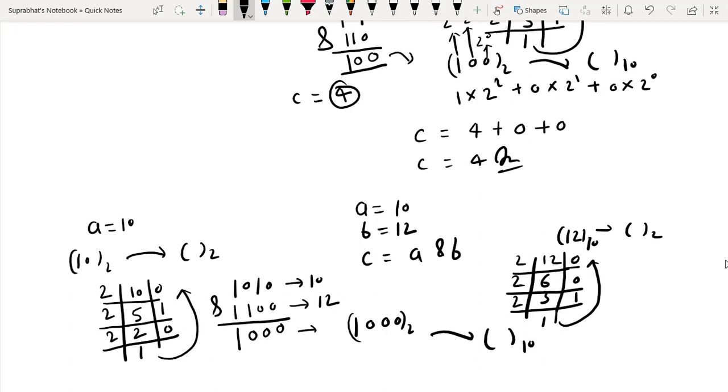So what will we do? Multiply by 2 to the power. This is 2 to the power 0, this is 2 to the power 1, this one 2 to the power 2, and this one is 2 to the power 3.